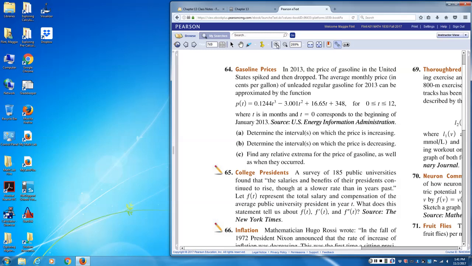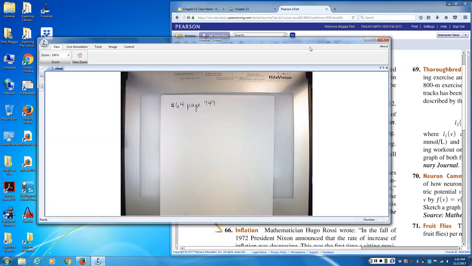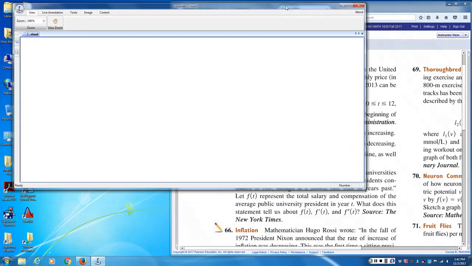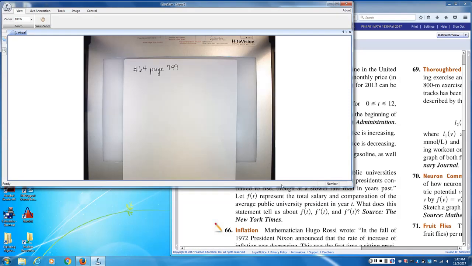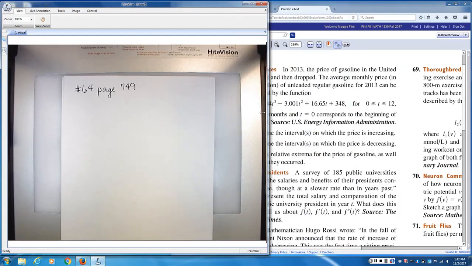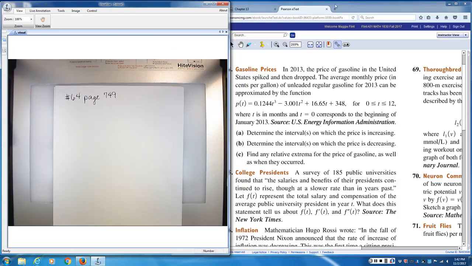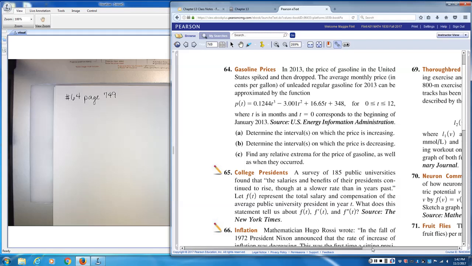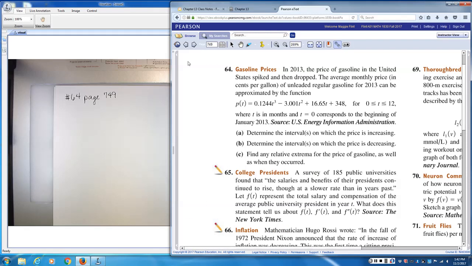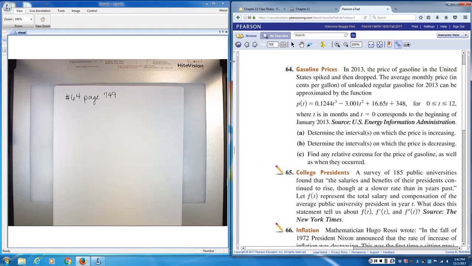Okay, so here's our problem. Get this to where we can see both.